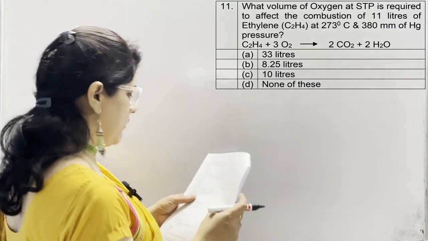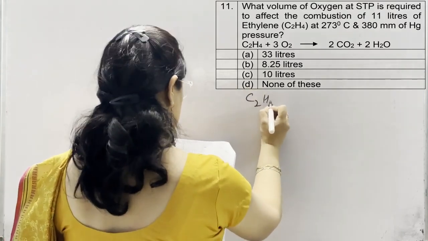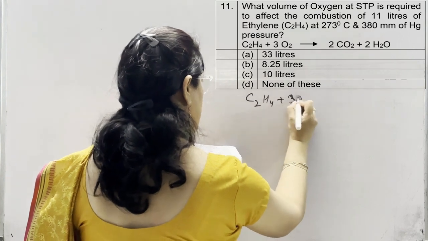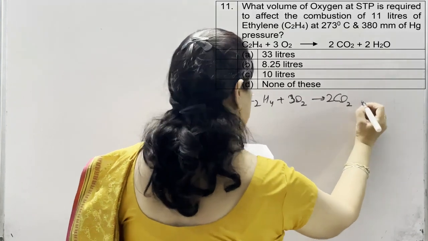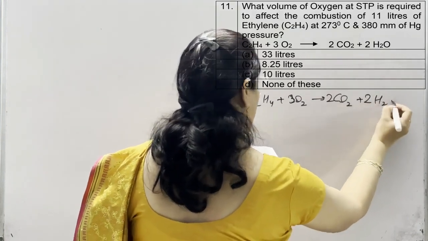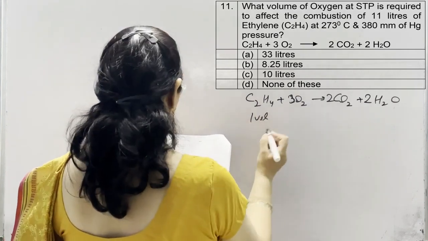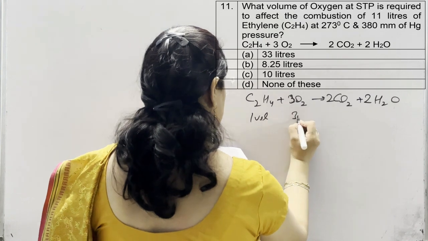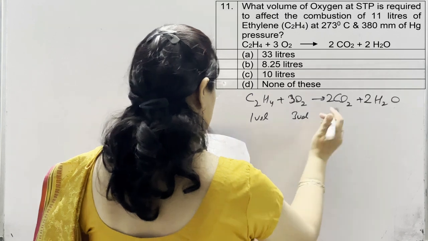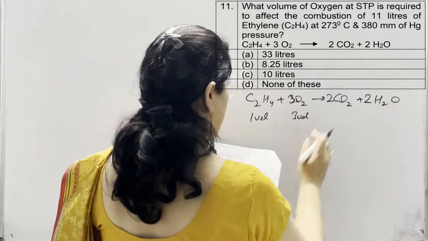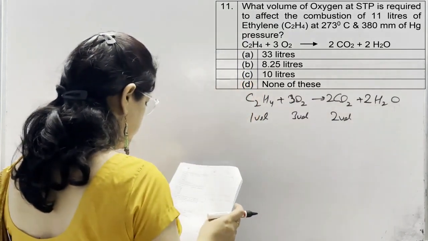So it means the given reaction is C2H4 plus 3O2 oxygen molecules, then 2 carbon dioxide molecules are produced, and 2 water molecules are produced. Now here 3 volume of oxygen and 1 volume of ethylene are the reactants, and then 2 volume of carbon dioxide and for water it is nil.